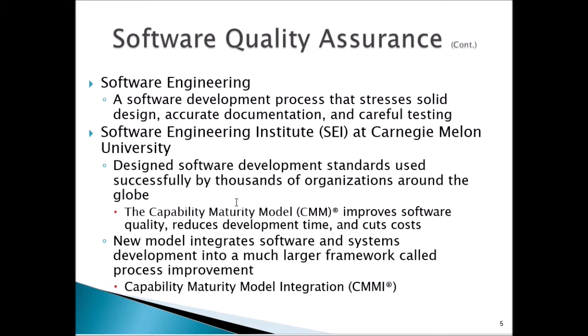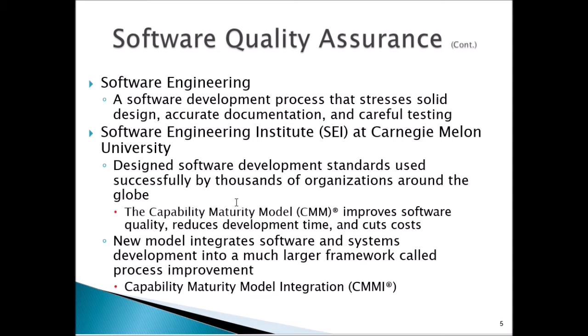The Software Engineering Institute at Carnegie Mellon University, or the SEI, has designed software development standards used successfully by thousands of organizations around the globe. The Capability Maturity Model, or CMM, improves software quality, reduces development time, and cuts costs.